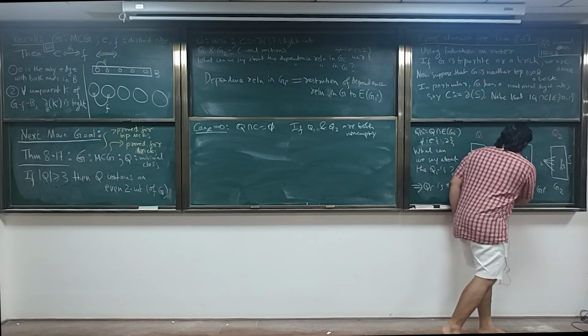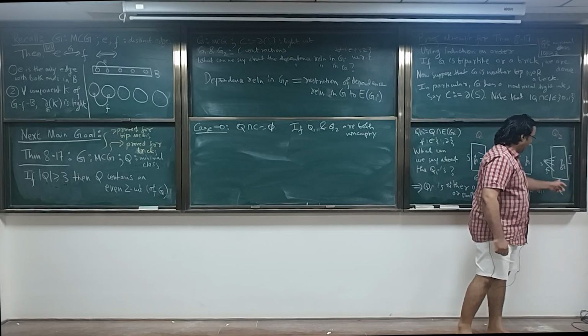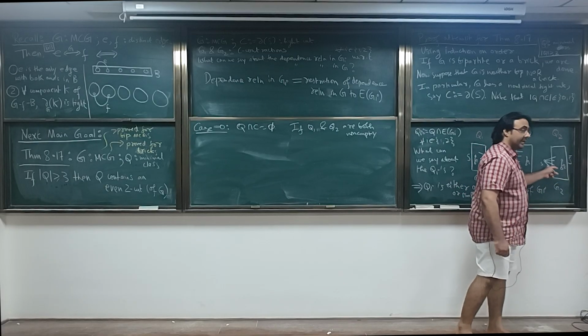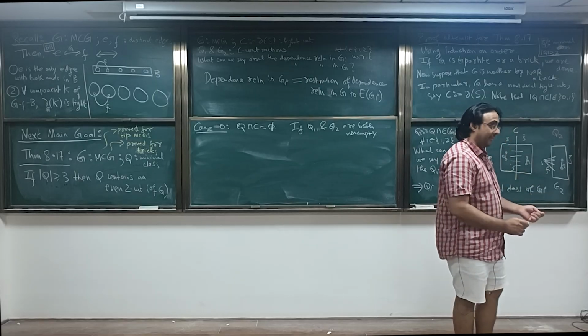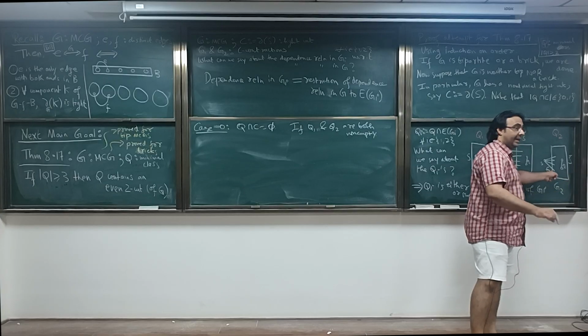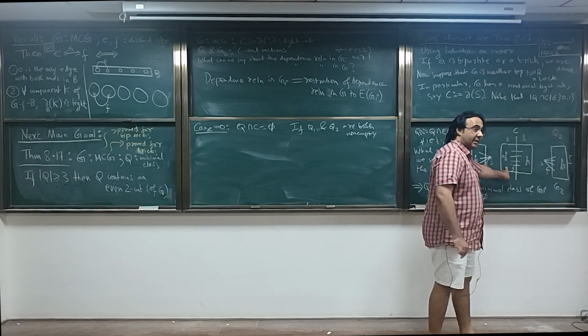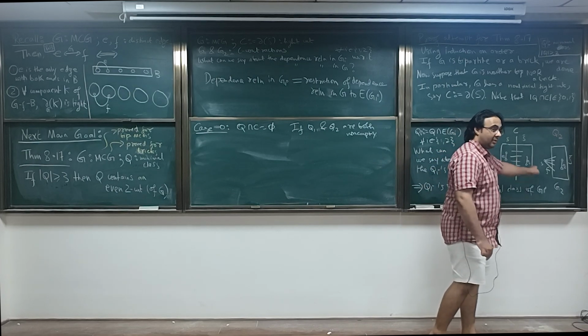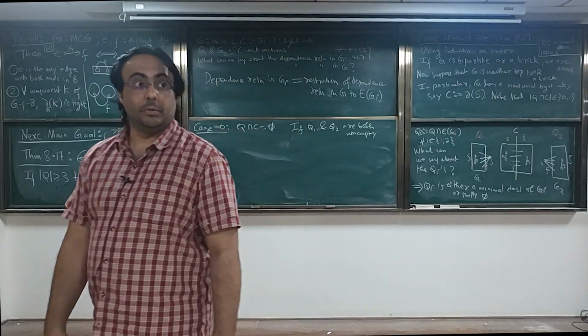Now I will take the same edge F here, and I will take a perfect matching of G2 minus Q2 containing this edge, right? When I delete a minimal class, my graph has the property that every edge belongs to a perfect matching. So I can take a perfect matching of G2 minus Q2 containing F. Now the union of these two perfect matchings is a perfect matching of the original graph that contains Q1 but does not contain Q2. Contradiction. Q1 union Q2 was a minimal class.